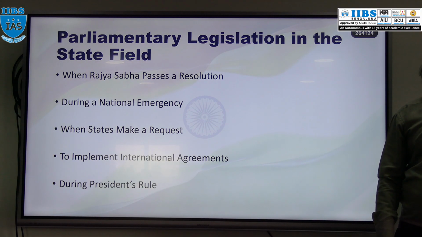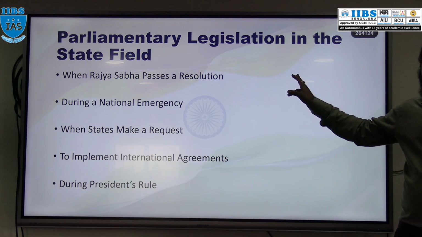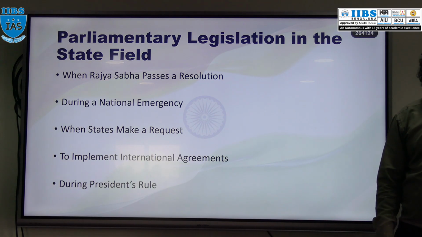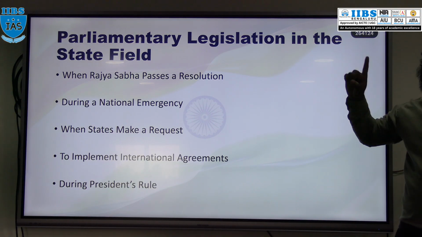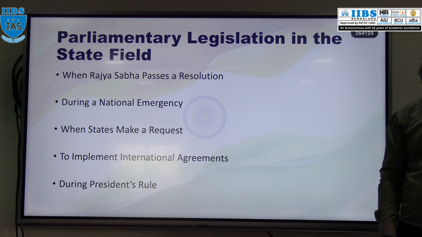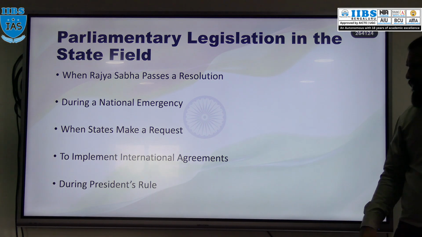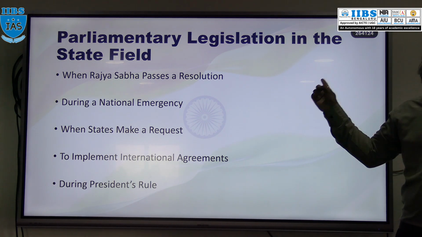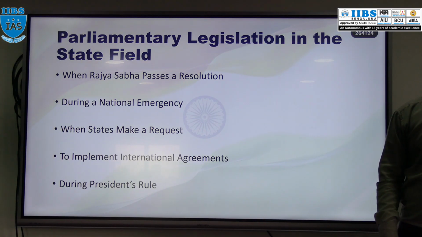So whenever President's rule is imposed on a particular state, at that time Parliament has the power to make law in the state list. Now what is the validity? Same, the validity is 6 months after the President's rule ceases to operate.